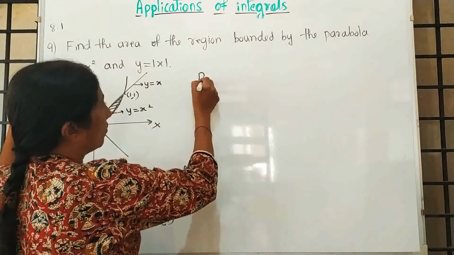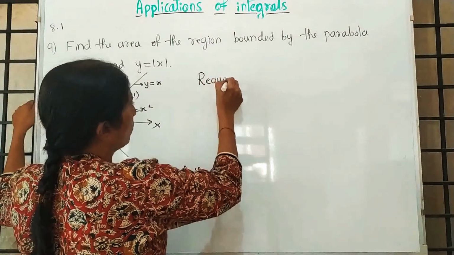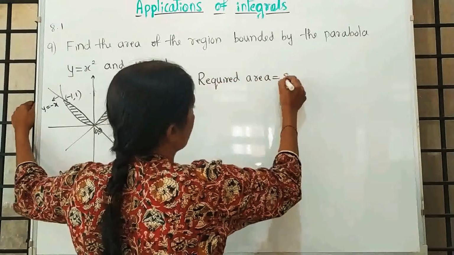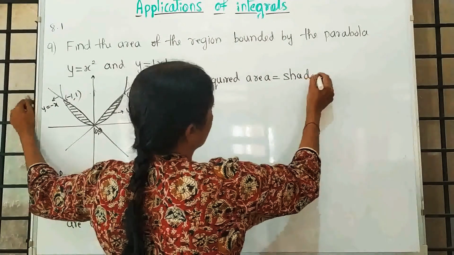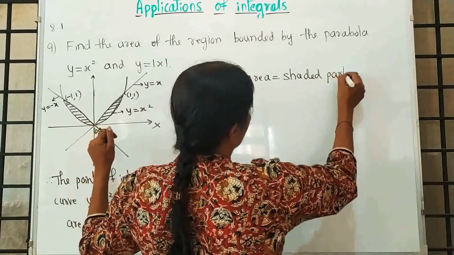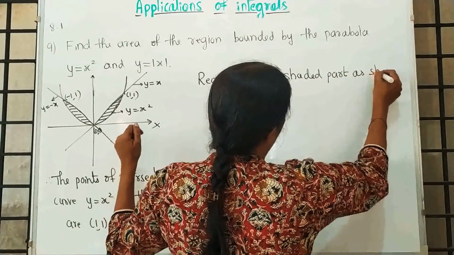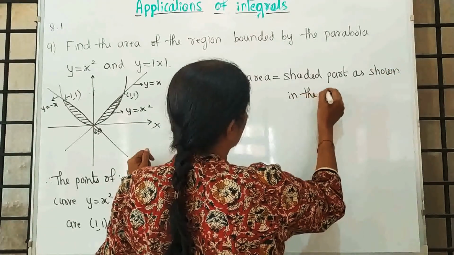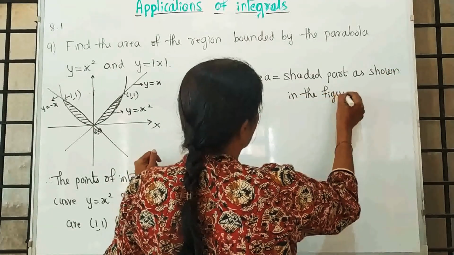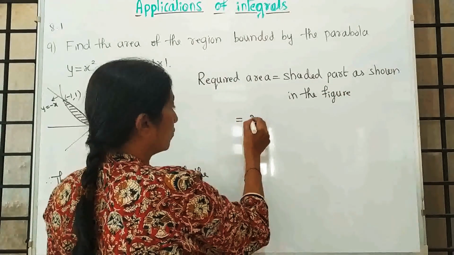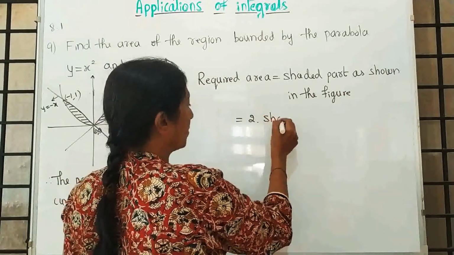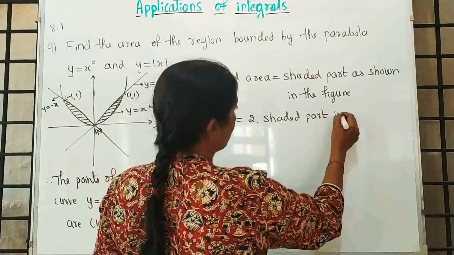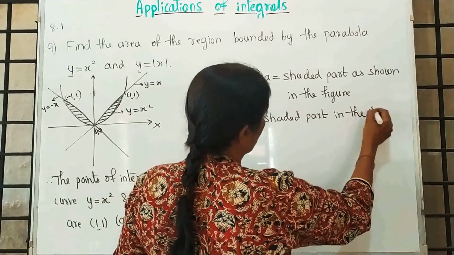Now, required area is equal to the shaded part as shown in the figure. That is equal to 2 into shaded part in the first quadrant.